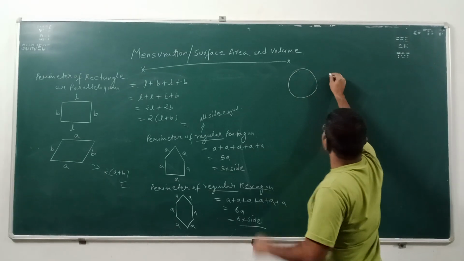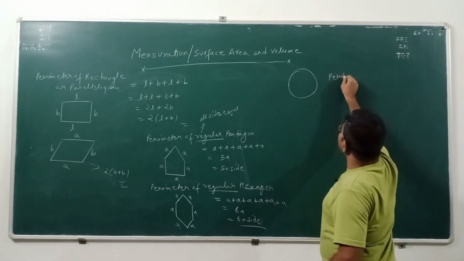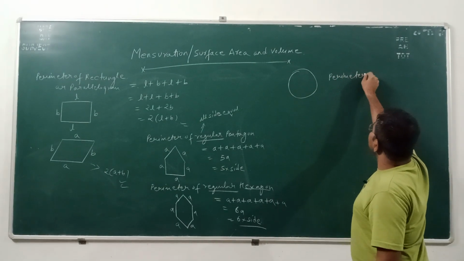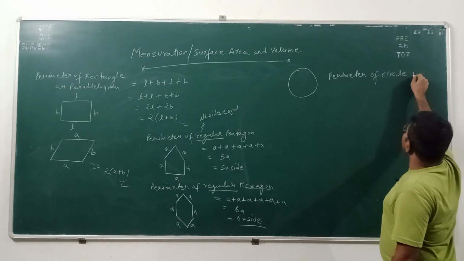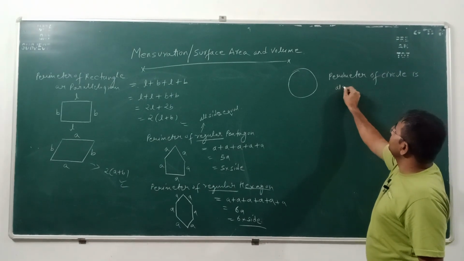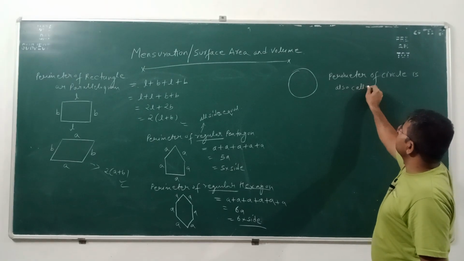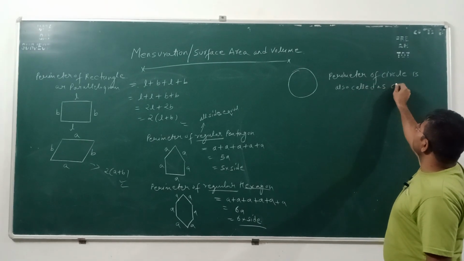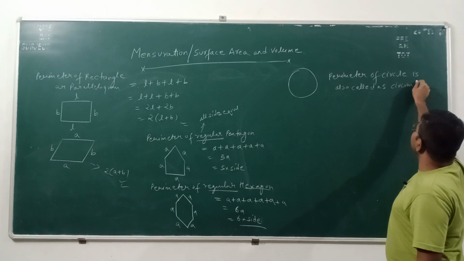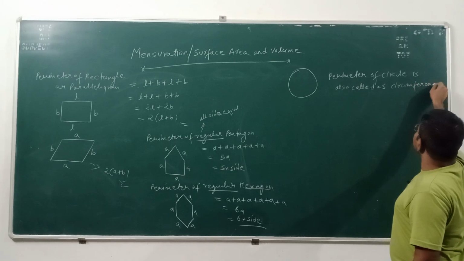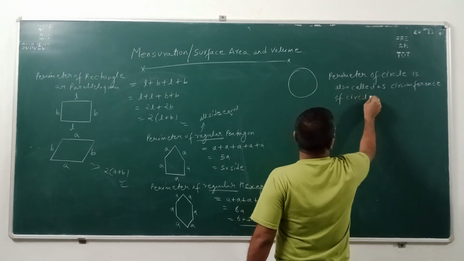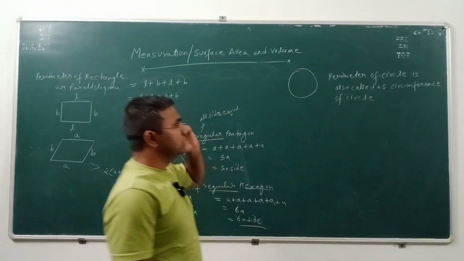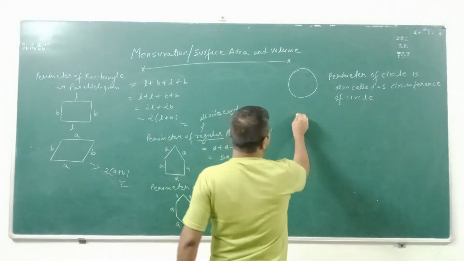Suppose we have a circle. Perimeter of circle is also called circumference of circle.